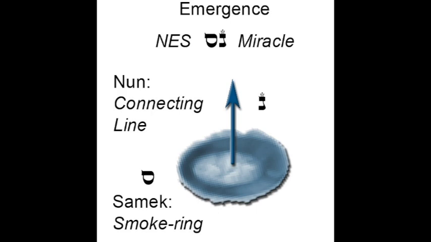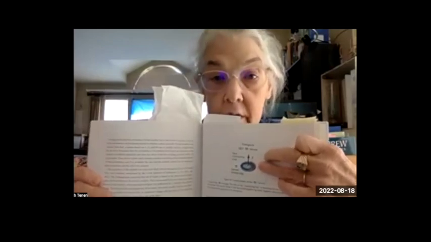But in the middle of that word is also the word nes, nun samek, and that word means miracle. So if you think about it, this is the novelty, the injection of novelty into the circle of our lives as we know it. That's the nes in the middle of the Knesset. And one final thing here, which is also related to the poster.